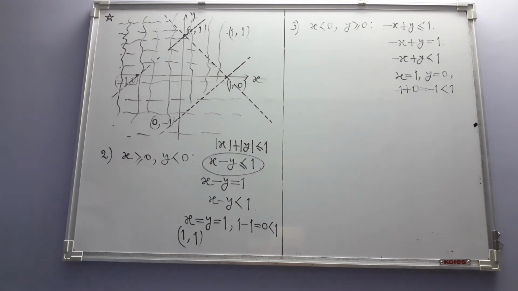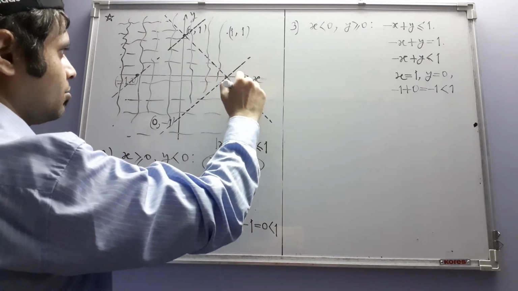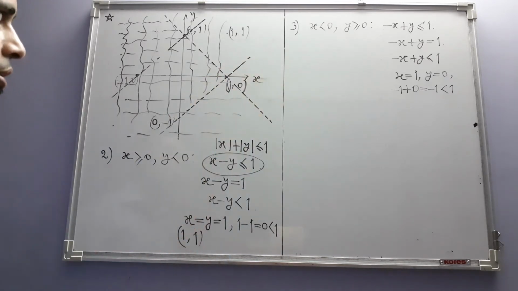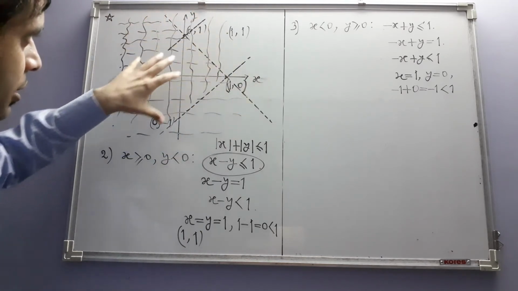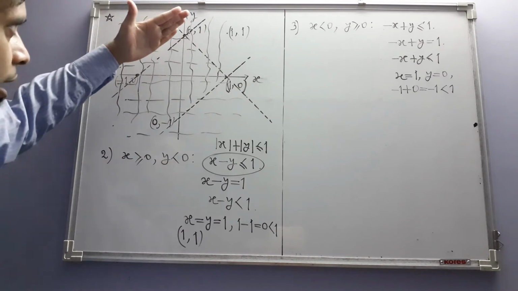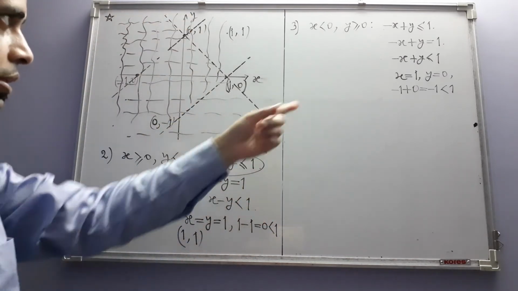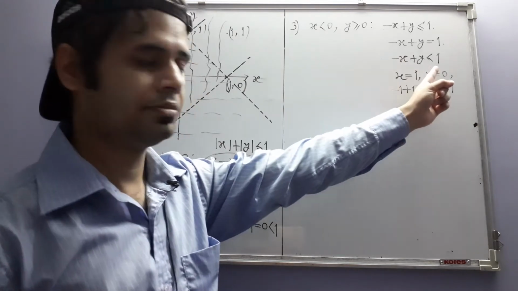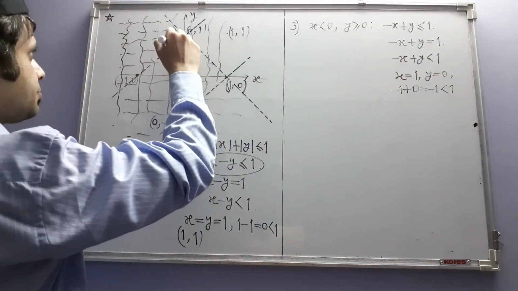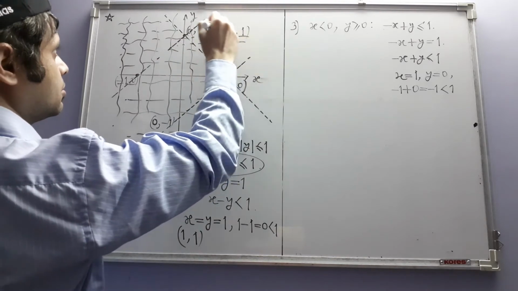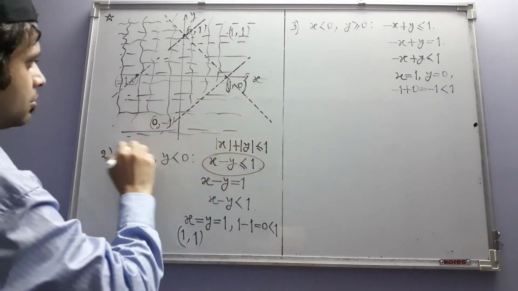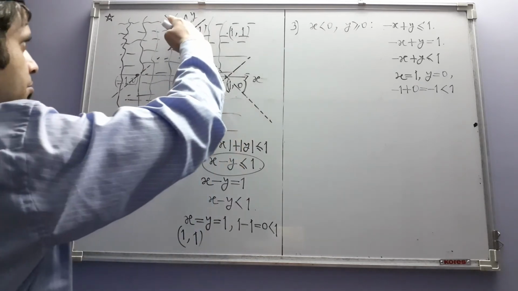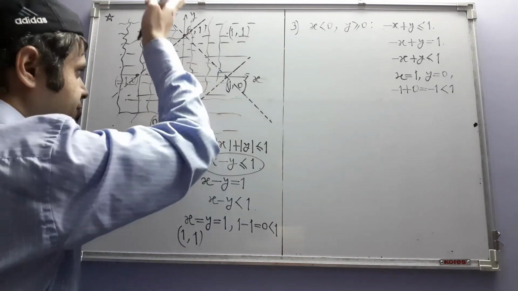That means 1 comma 0 satisfies this inequality. So it lies on this side of this line. So this region, the region that lies below this line, will be the region determined by this inequality. So that means below this line.